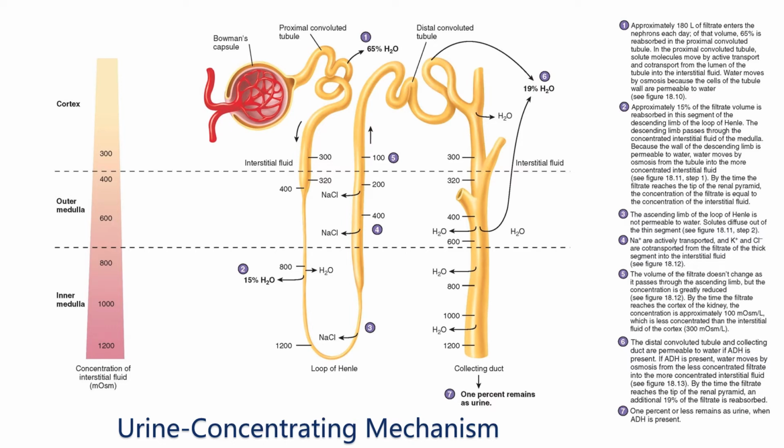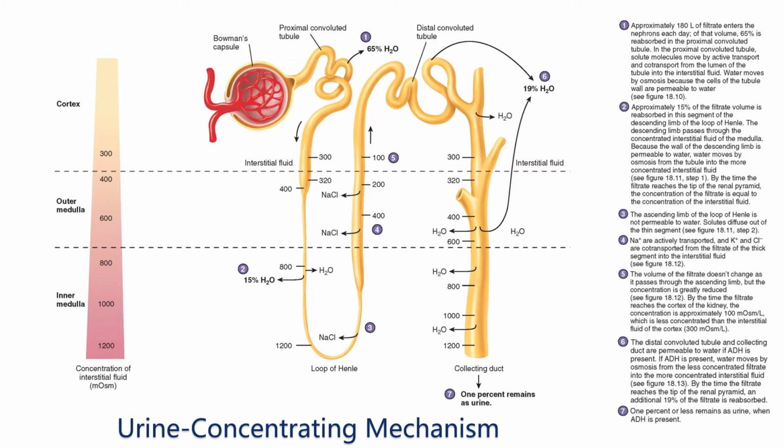The volume of the filtrate doesn't change as it passes through the ascending limb, but the concentration is greatly reduced. By the time the filtrate reaches the cortex of the kidney, the concentration is approximately 100 milliosmoles per liter, which is less concentrated than the interstitial fluid of the cortex, about 300 milliosmoles per liter.